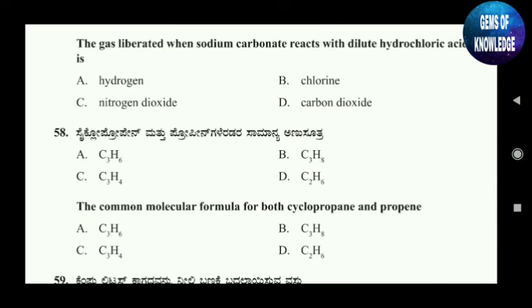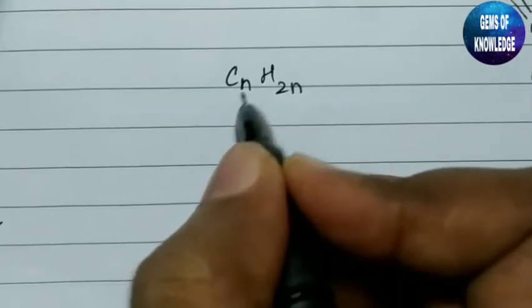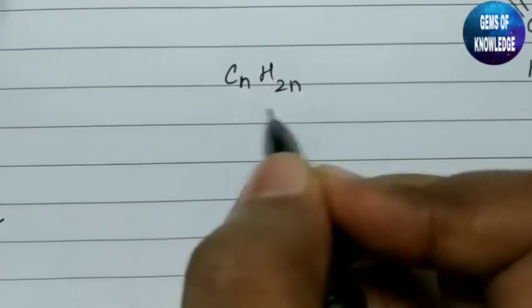Here the next question is the common molecular formula for both cyclopropane and propene. So let us quickly solve this question. The common molecular formula is CnH2n. This is the general formula for alkene as well as cycloalkane.